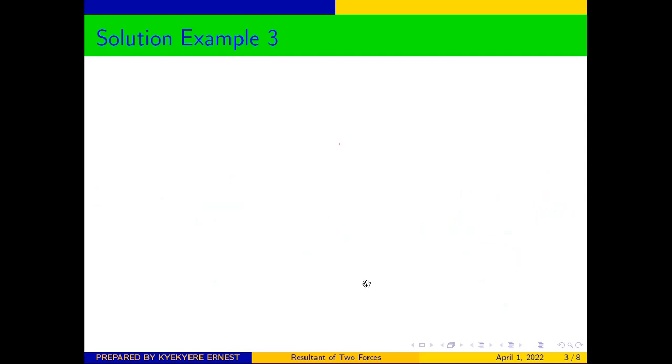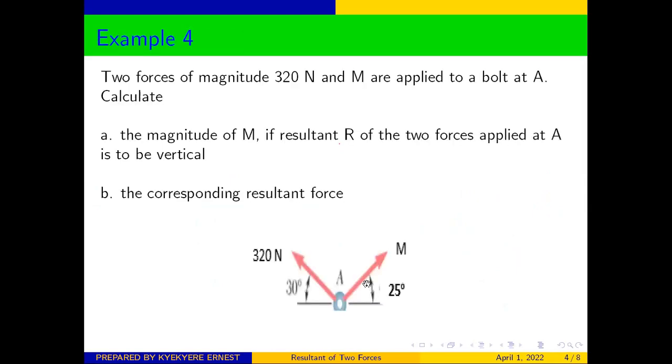So the next question, example 4: two forces of magnitude 320 newtons and M are applied to a boat at A. Calculate A, the magnitude of M, if the resultant of the two forces applied at A is to be vertical, and B, the corresponding resultant force.